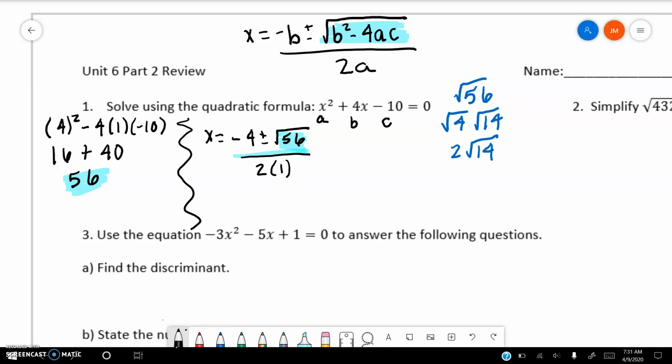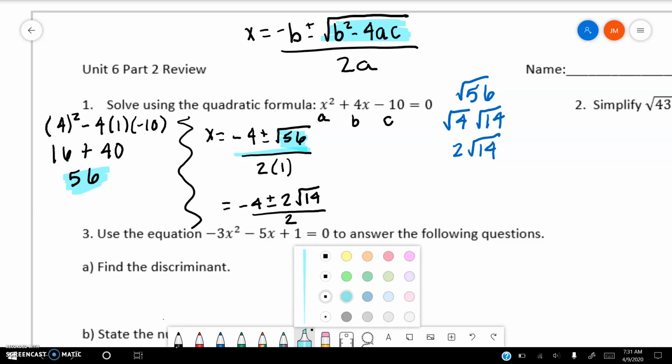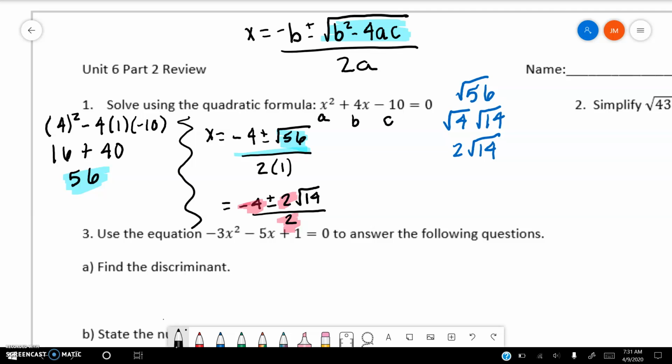So now when you are simplifying this, you are going to have negative 4 plus and minus 2 square root 14 all over 2. For this, you can leave your answer like that. I'm perfectly okay with it. But if you notice that negative 4, 2, and 2 all reduce, this would take it a step further.